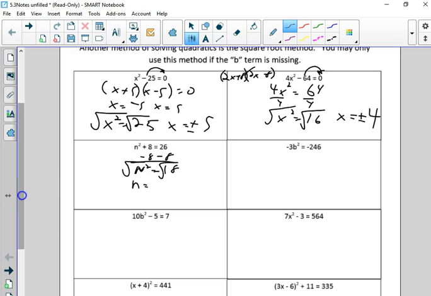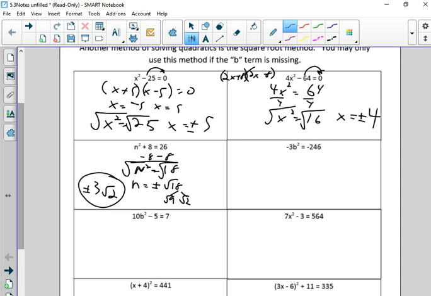And we get n equals plus or minus the square root of 18. Which we know is not simplified, because what number is trapped inside the 18? 9 and 2. Right? So this is really plus or minus 3 root 2. That's my answer.